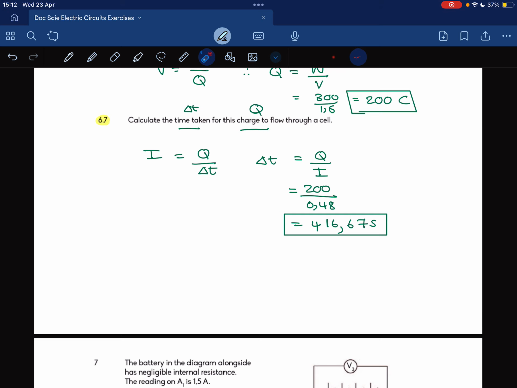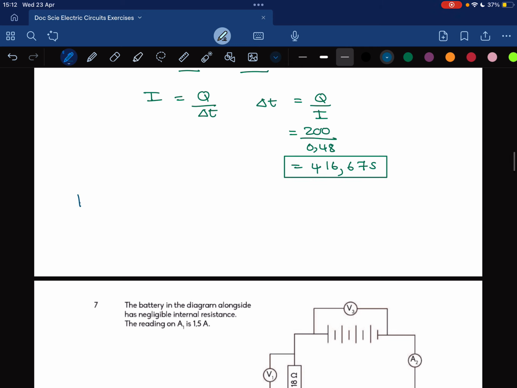Keep practicing and practicing. Okay, so your homework is going to be from this exercise. I want you to complete question 7 until question 11.